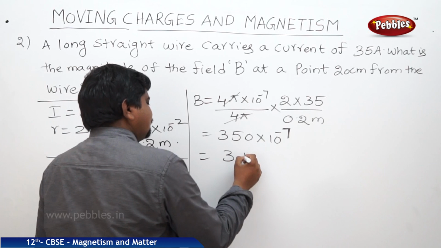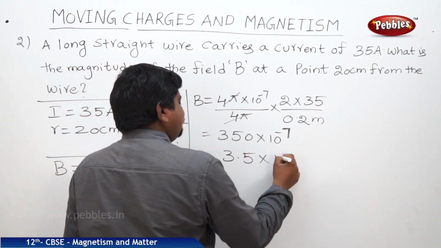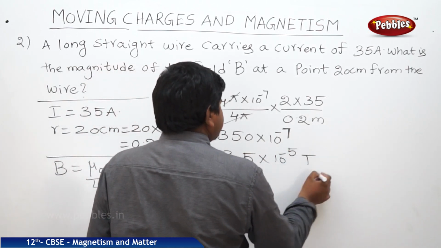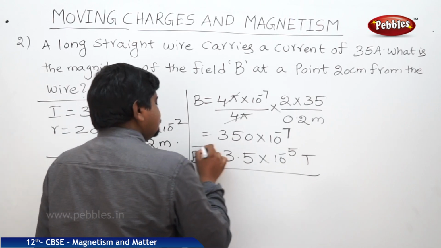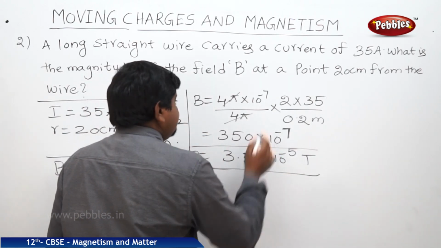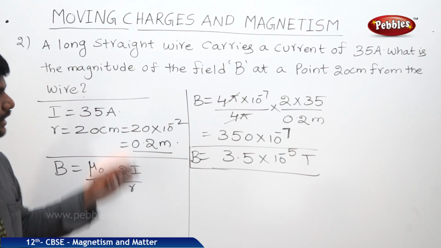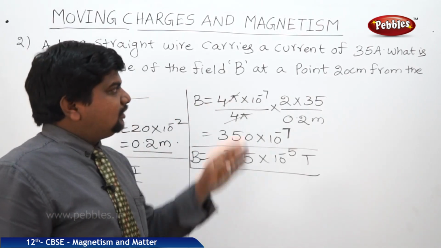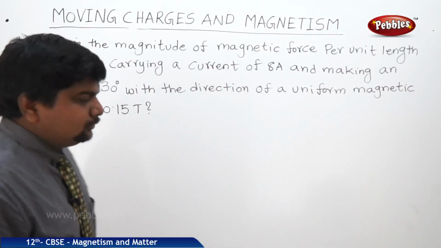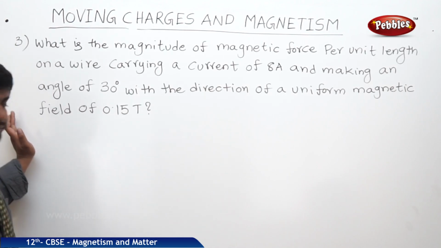In other words, we can write 3.5 into 10 to the power of minus 5 Tesla. So this will be the B value with respect to the given dimensions of the conductor carrying a current of this value.